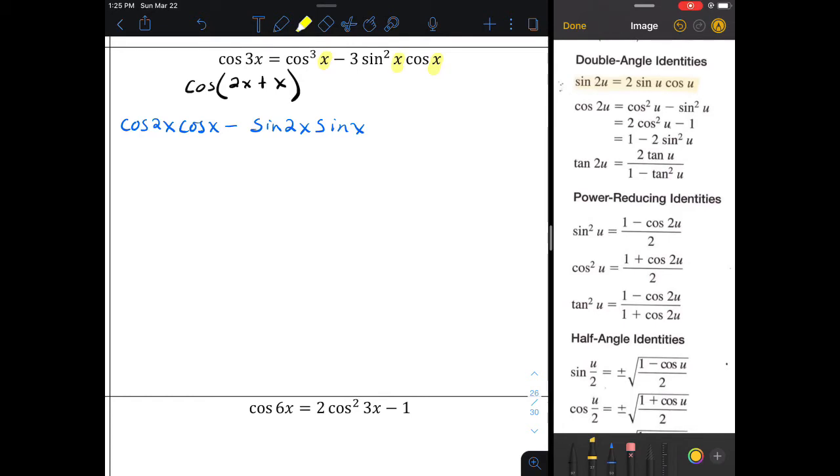And looking at my identities, to make that cosine cubed in my problem, I'm going to have to pick one that's got cosine squared. So that would bring me to either cosine squared minus sine squared and 2 times cosine squared minus 1. Well, which one I would pick, I don't want to have more than one of the cosine cubes looking at my right-hand side, so I'm going to go with the top one.